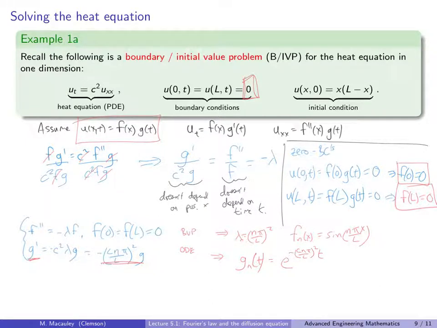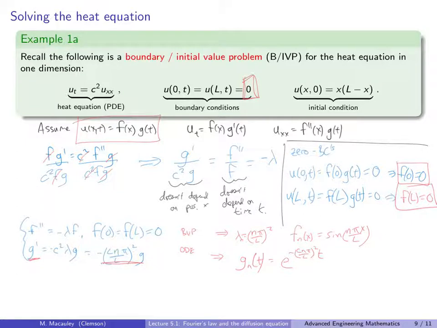I could put a constant in front if I want to, but for these equations I don't actually need constants. A constant will come later. So even though the general solution has a c here, we don't need that, because all we want to do is find a solution. And we found one. We found f, and we found g.